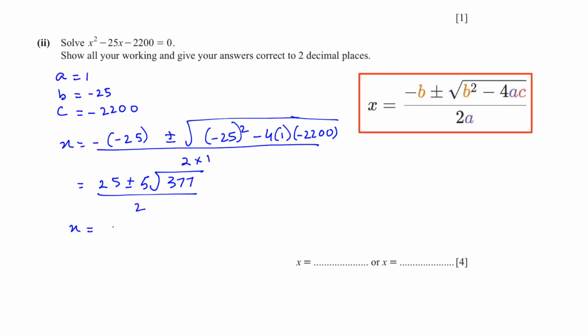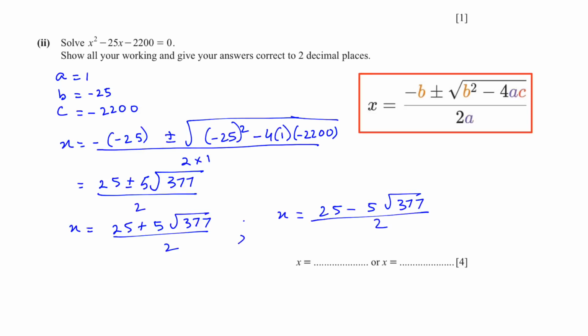Therefore, x is equal to 25 plus 5 square root 377 over 2, or x is equal to 25 minus 5 square root 377 over 2, and this will give us 61.04, and this will give us negative 36.04. So these are our two values of x, 61.04 and negative 36.04.